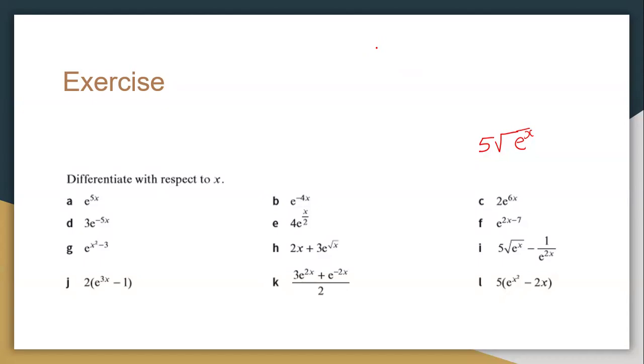That is the same as 5 (e^x) everything to the power a half, which is the same as 5e^(x/2). So that is the meaning. You differentiate it in that format, but still you follow the same procedures.